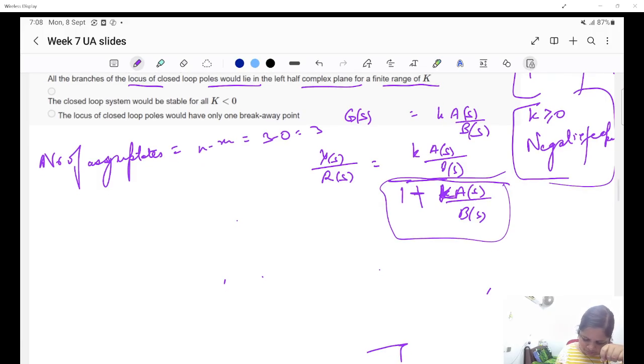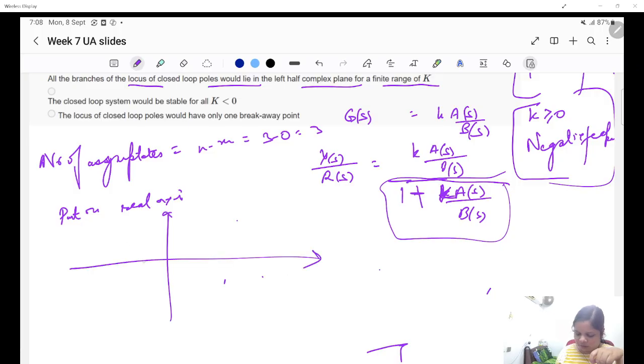So let's find what we'll have to start the process again. What is the part on the real axis? If there was one pole at 0 and two complex conjugates, then we want to have negative. So this is the region, right?